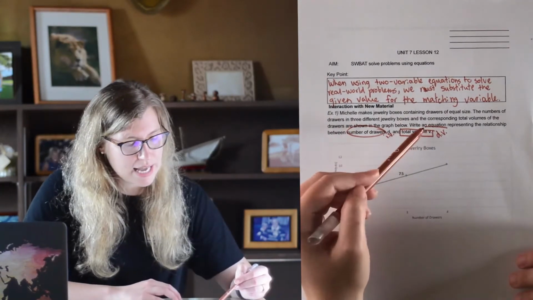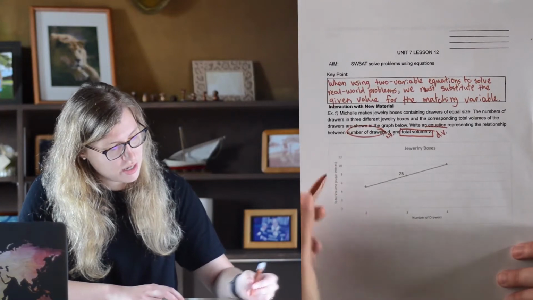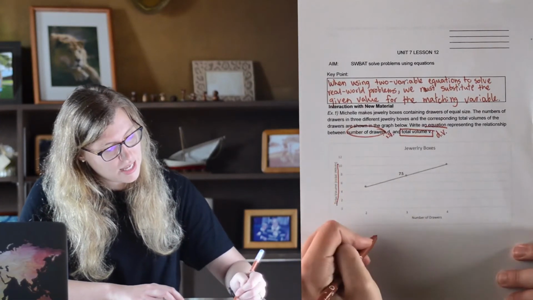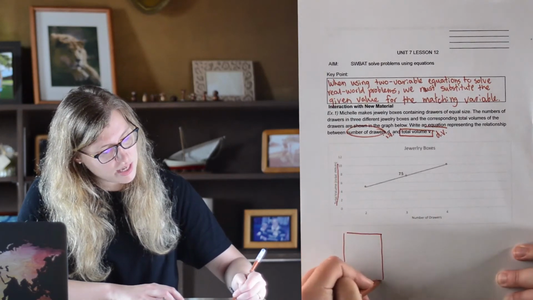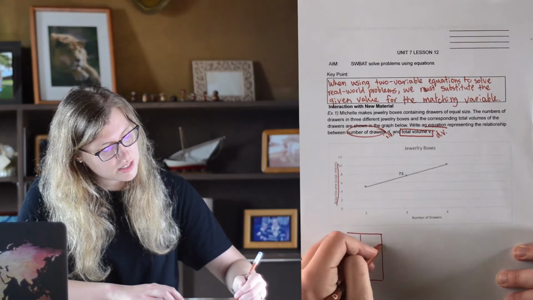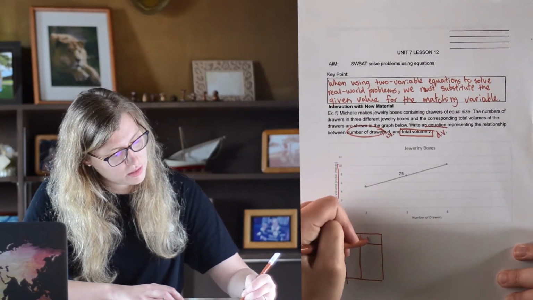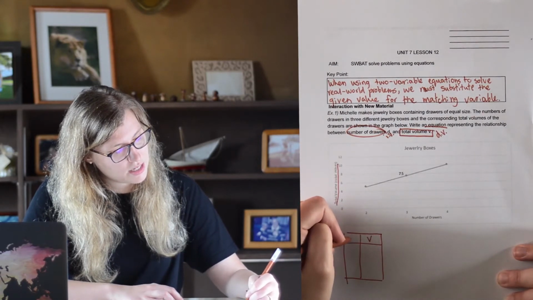Now it's asking me to write an equation. So an equation, I know I will have to figure out how do I get to my total volume. And I'm going to create a small little table here just to help me out. So my total volume is going to be my dependent, and my independent is my drawers.